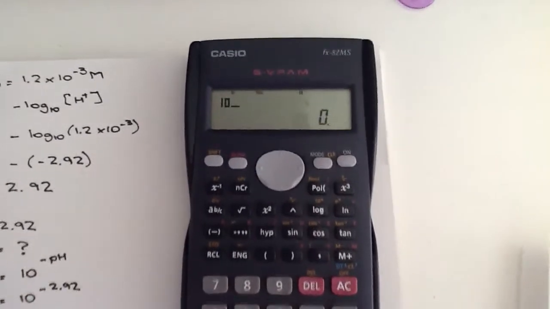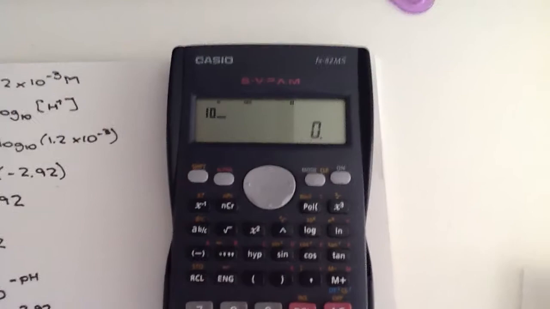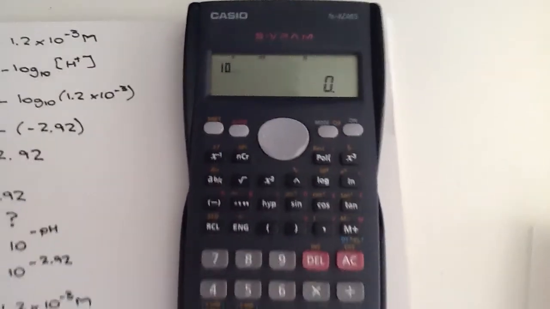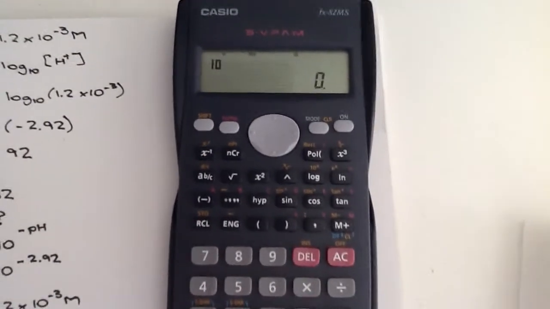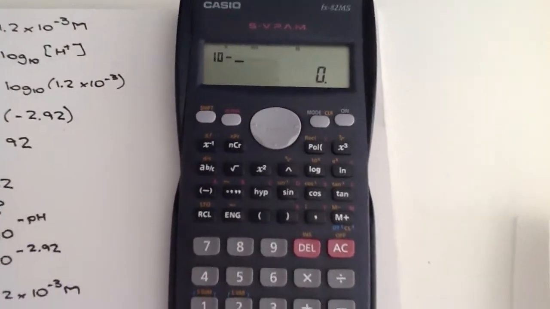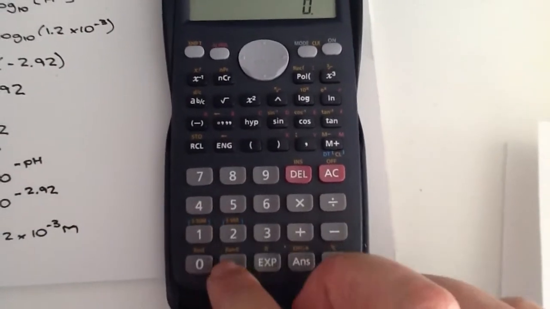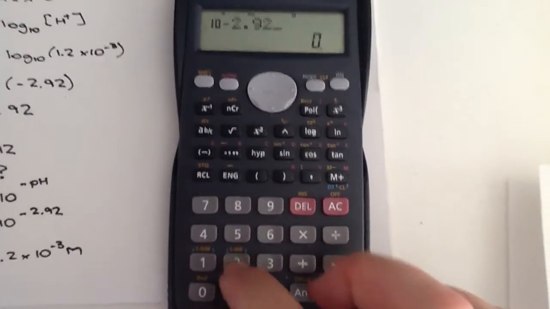And the display on the calculator comes up with a little 10 on the screen. So that's our 10 to the power. We add our negative button and then put in our pH value that we're trying to convert. In this case, 2.92.